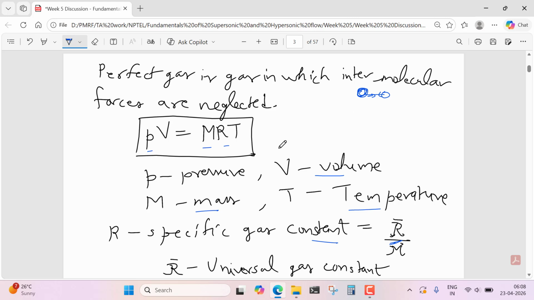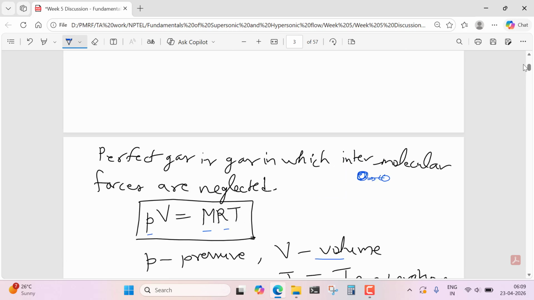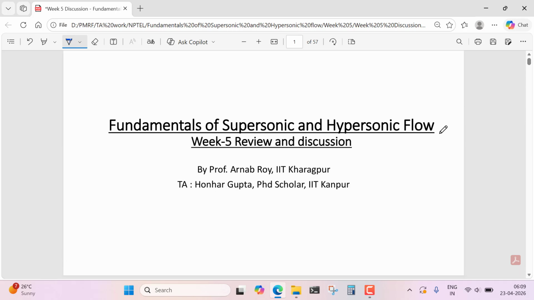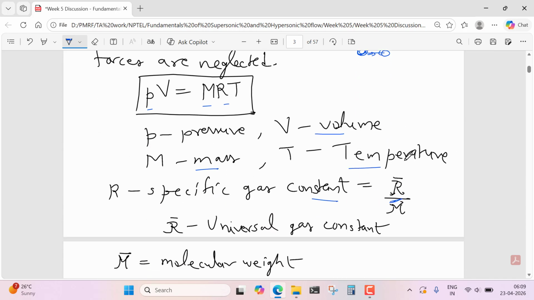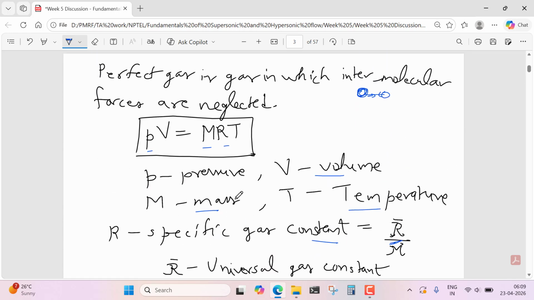So the perfect gas equation is given by PV equal to mRT. Here P is the pressure, m is the mass, V is the volume, and T is the temperature. And R is the specific gas constant.